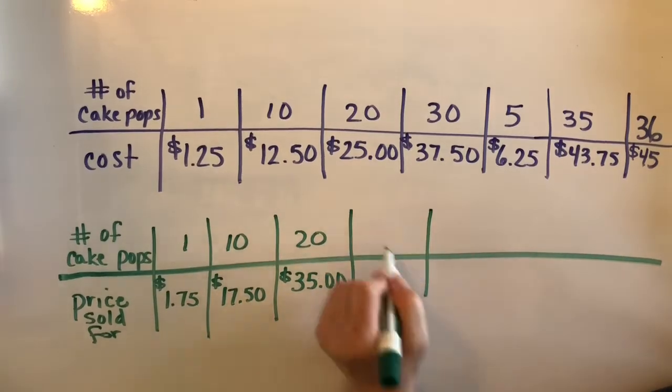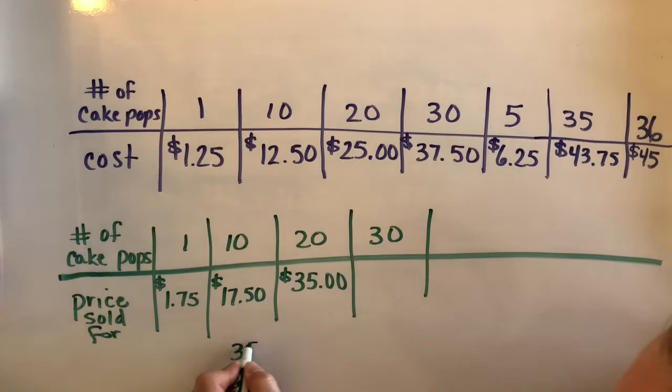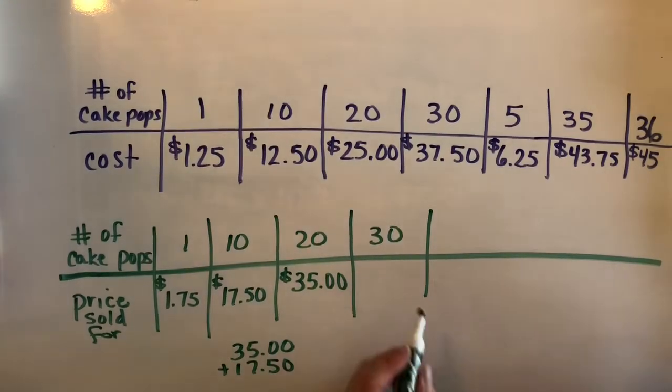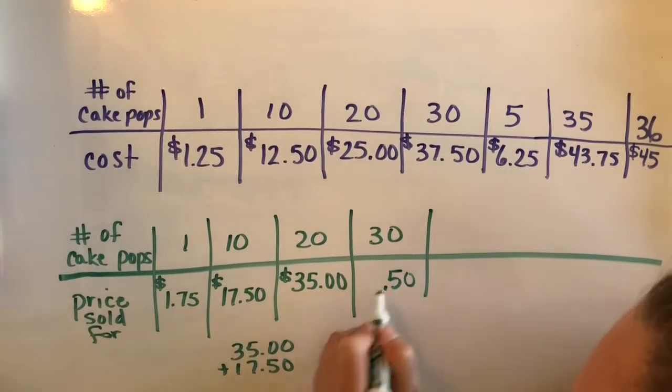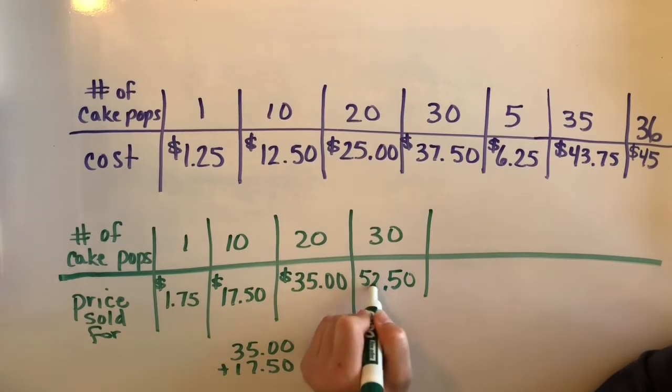So therefore, if I want 30, I just add these two together. If you have to write it down, go ahead, please do so. It just helps me see it. So it's 50 cents and then $2.50.